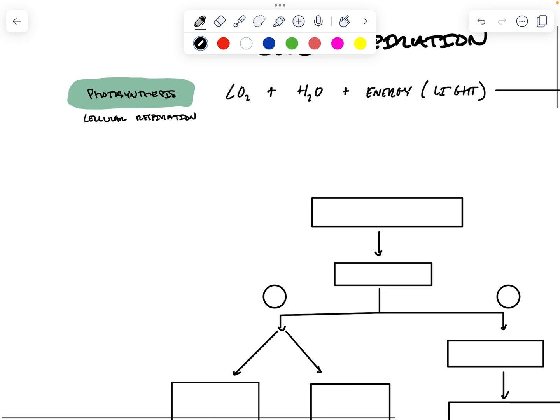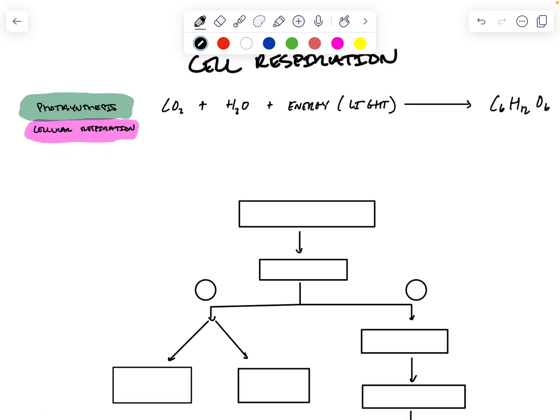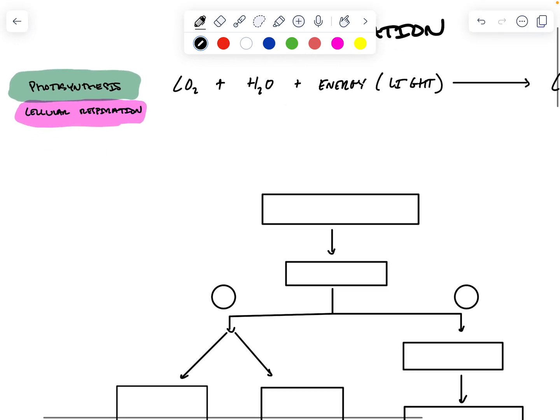Now, cellular respiration, when we do complete aerobic cellular respiration, that is cellular respiration done in the presence of oxygen, we get complete combustion of glucose. So the cellular respiration equation is just the inverse of photosynthesis. We have C6H12O6 going in. This, remember, is glucose plus oxygen.